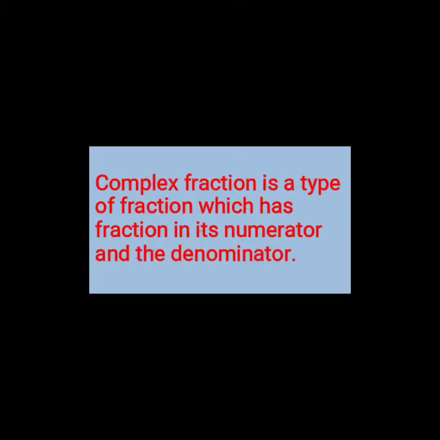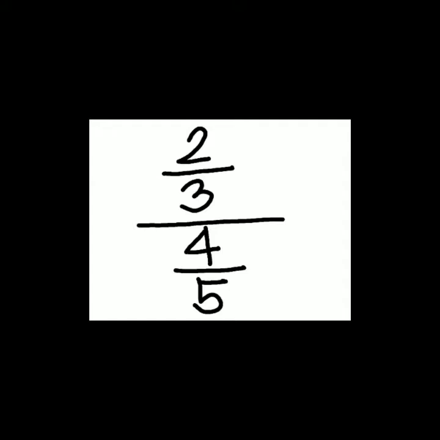Complex fraction is a type of fraction which has a fraction in its numerator and denominator. For example, 2 over 3 all over 4 over 5. To simplify this complex fraction, place down the number 3 of the fraction 2 over 3 as the multiplier of the numerator of 4 over 5 below the complex fraction. The number 5 of the fraction 4 over 5 will then be placed up as the multiplier in the upper fraction.